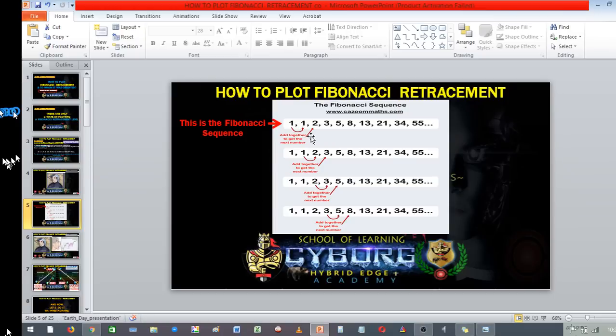For example, 1 plus 1 equals 2, and then the next is 1 plus 2 equals 3. Then 2 plus 3 equals 5, 5 plus 8 equals 13, 13 plus 21 equals 34, and so on.